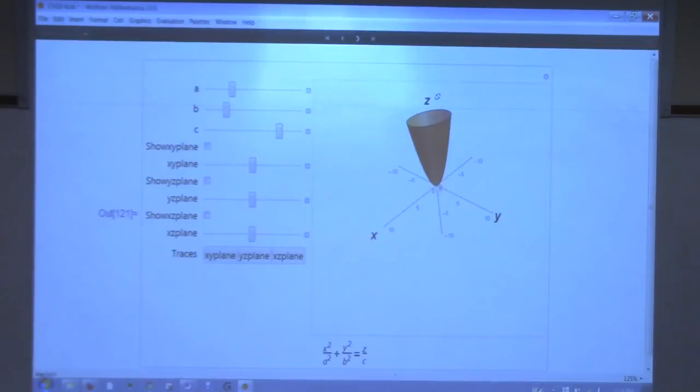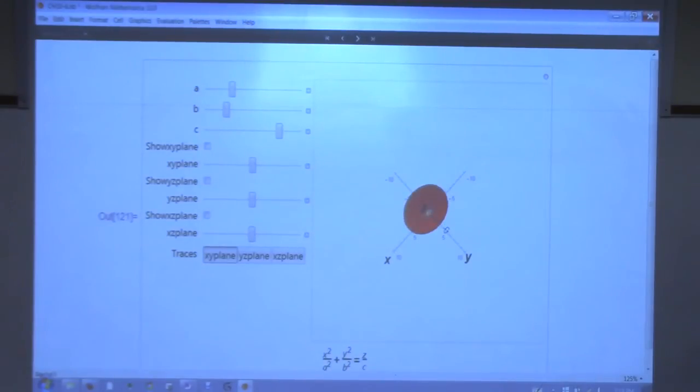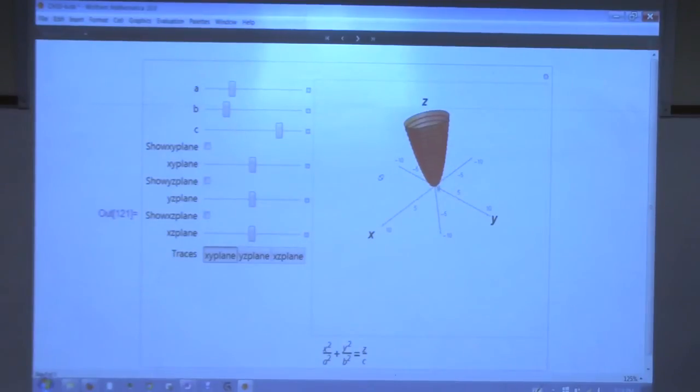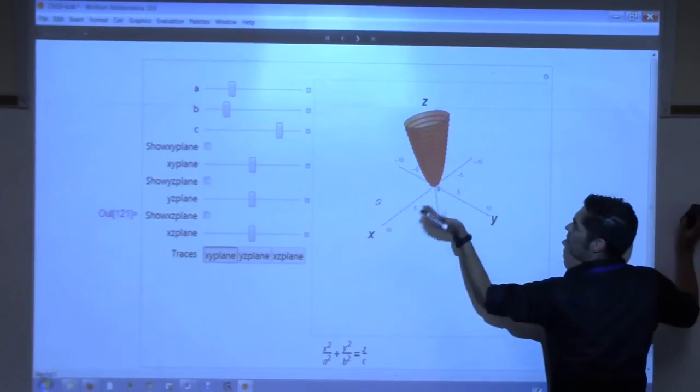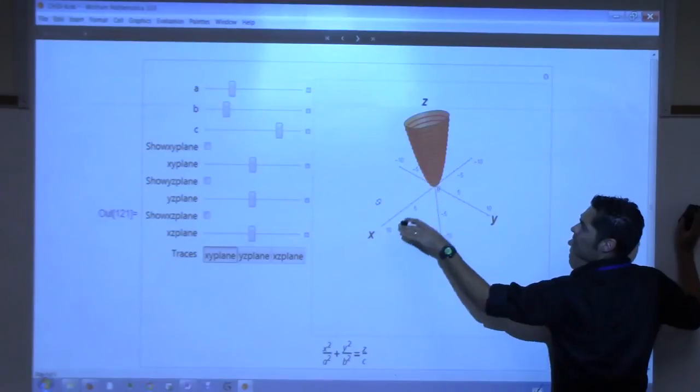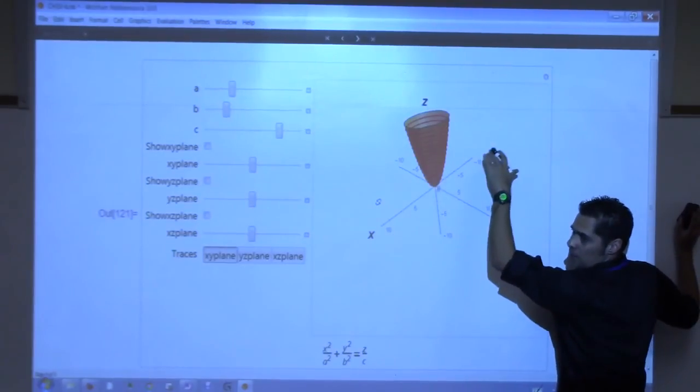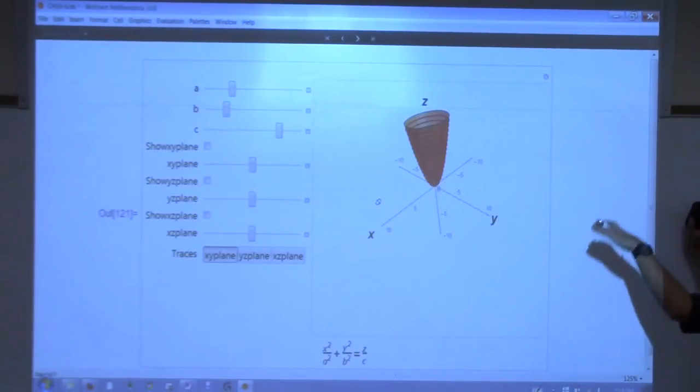And let's see, traces, there are your traces. If I look at all those traces, what are those? Ellipses. What I'm doing is I'm taking the xy plane and I'm moving it up and I'm slicing. So that's really like changing the value of z. If I do that, I get a bunch of ellipses.